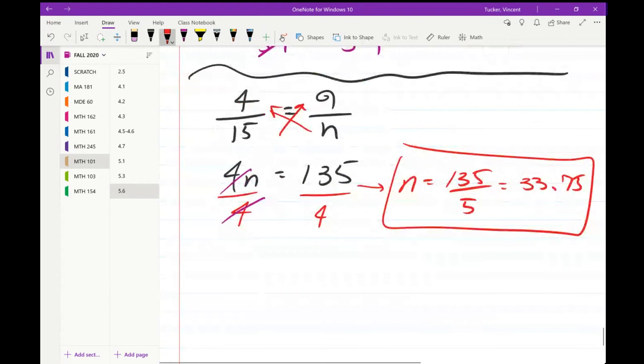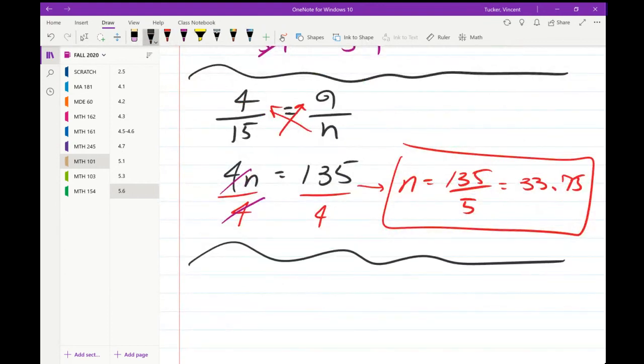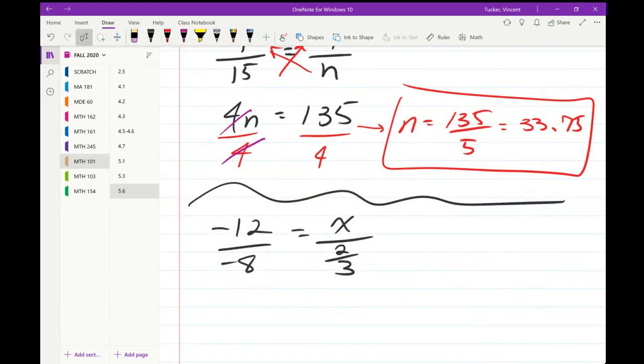Okay, let's do at least one more. All right. So once again, we're going to cross multiply.